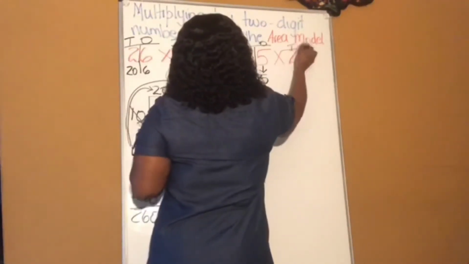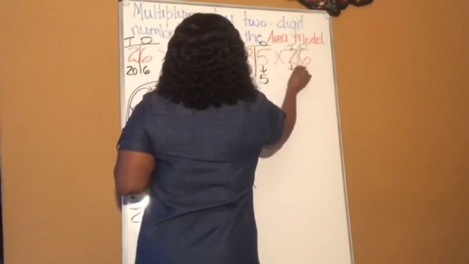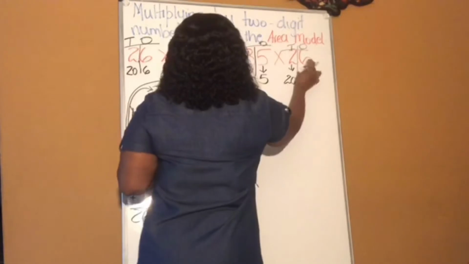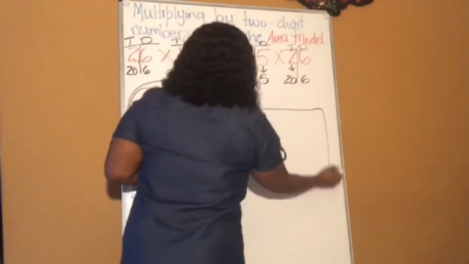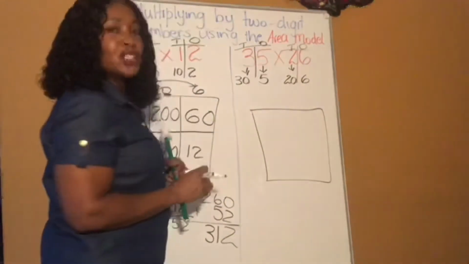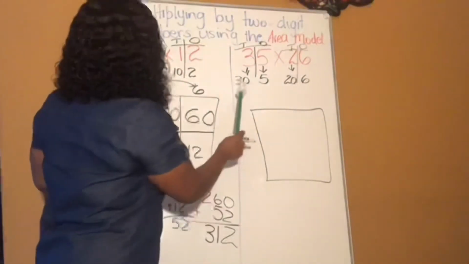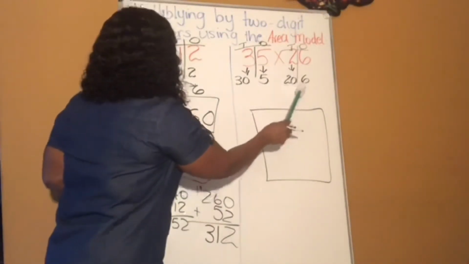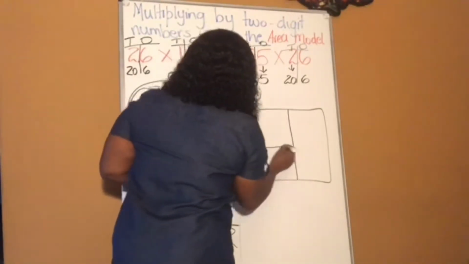So 2 tens and 6 ones. So 2 tens, that's 20, and 6 ones, that's 6. Now we need to draw our area model. How many parts do we need to divide this area model in? We have 1, 2, 3, 4. So we have to divide it in 4 parts.